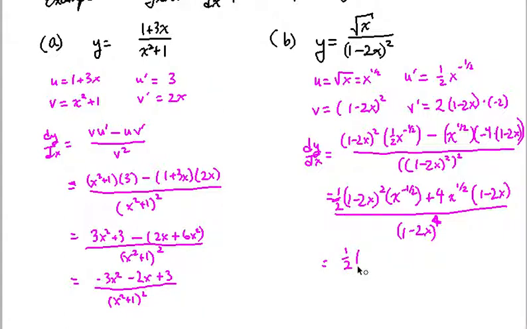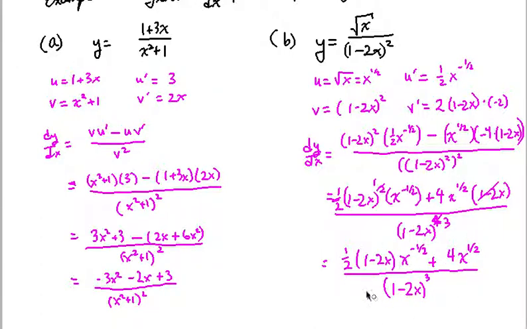If you wanted, you could go (1 minus 2x) times x to the minus 1/2 plus 4x to the 1/2, all over (1 minus 2x) to the 3rd power, because that would be a 3, and that would cancel out to a 1. So if you can simplify up to here, I would accept that.